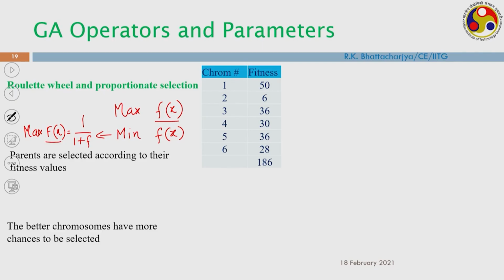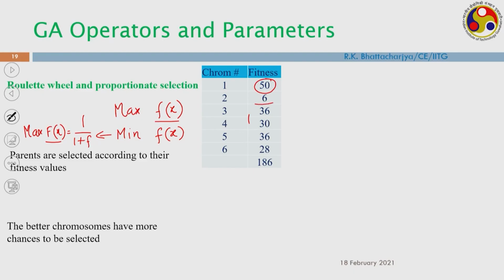For this example problem, I have calculated the fitness just like a maximization problem. If the value is more, that means it is a better solution. Suppose chromosome 1, the first solution, has fitness value 50. That is the best solution in the population, out of these 6 solutions.